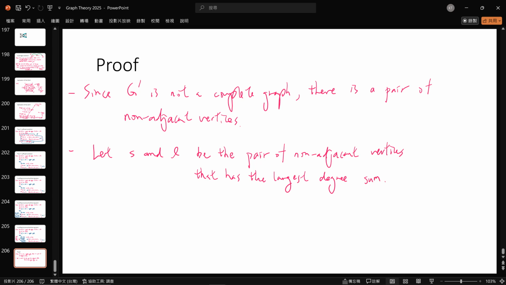The first point says we can find a pair of non-adjacent vertices, but there can be many such pairs. So we're going to choose the pair that has the largest degree sum.